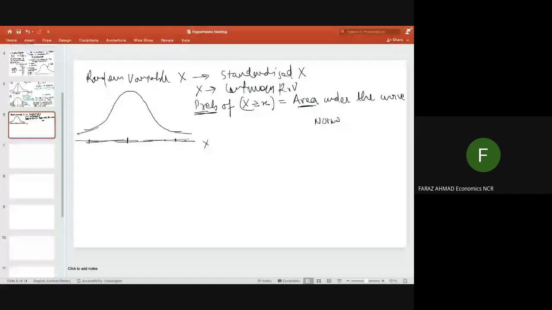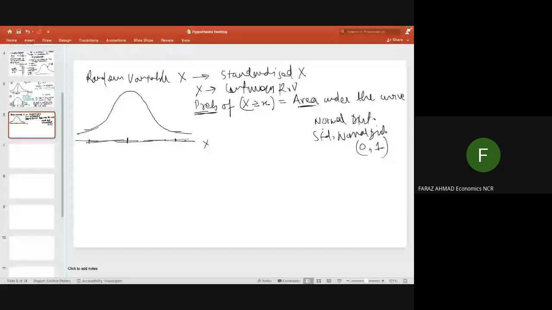Now, in case of this standardized x, you must have heard about normal distribution and standard normal distribution. Standard normal distribution has a mean of 0 and a variance of 1, right?